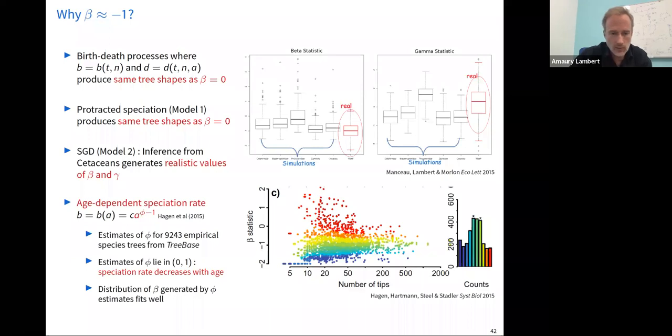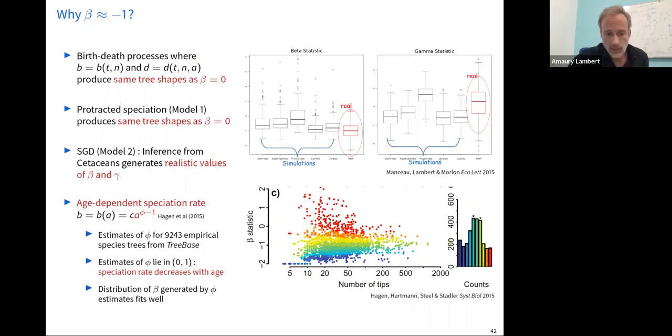Another simple explanation, which has been proposed in 2015, is that speciation rate depends on age. So in that paper that I cited here at the bottom, B depends on age, like a power function, a to the phi minus 1. And what they did is that they estimated phi on more than 9,000 empirical species trees from TreeBASE, a famous database.